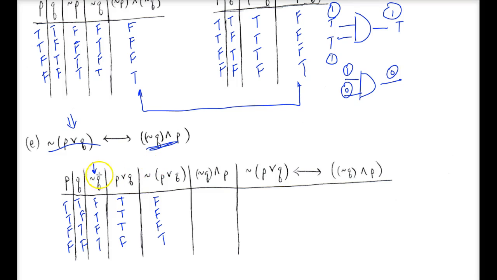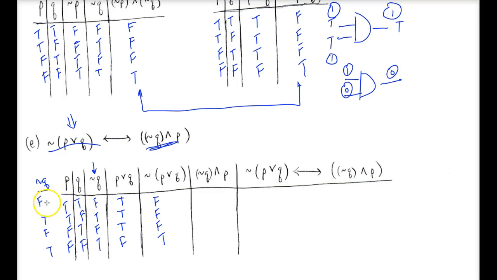And now we're going to do not Q and P. To make sure that I'm not confused, I'm just going to rewrite not Q over to the left of P so that we can read it correctly. So not Q is going to be F, T, F, T.